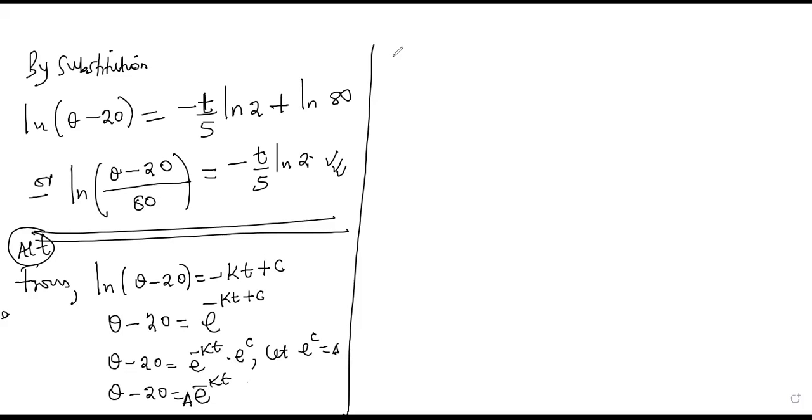Then now you start. When time was 0, the temperature was at 100 degrees Celsius. When you substitute, you're going to get theta minus 20 is equal to A e power 0, but theta is 100.